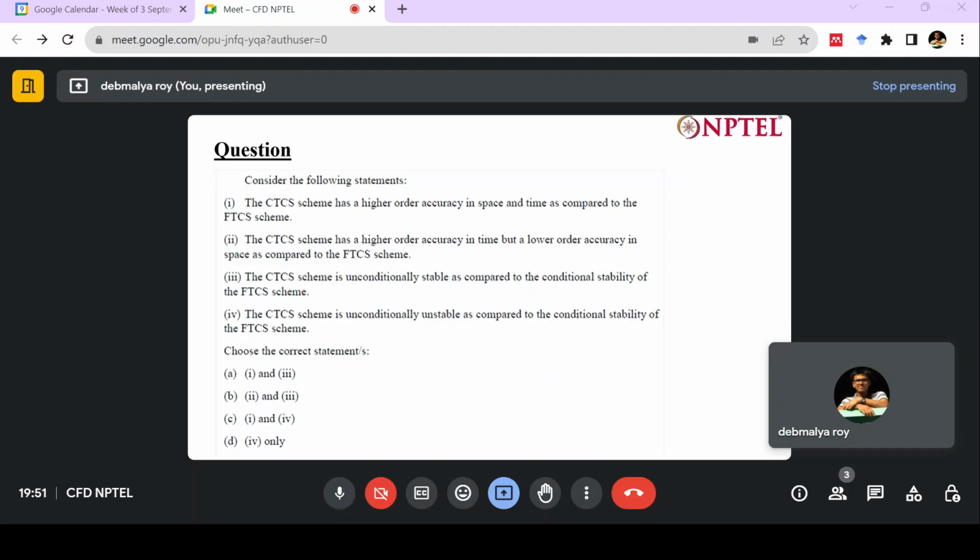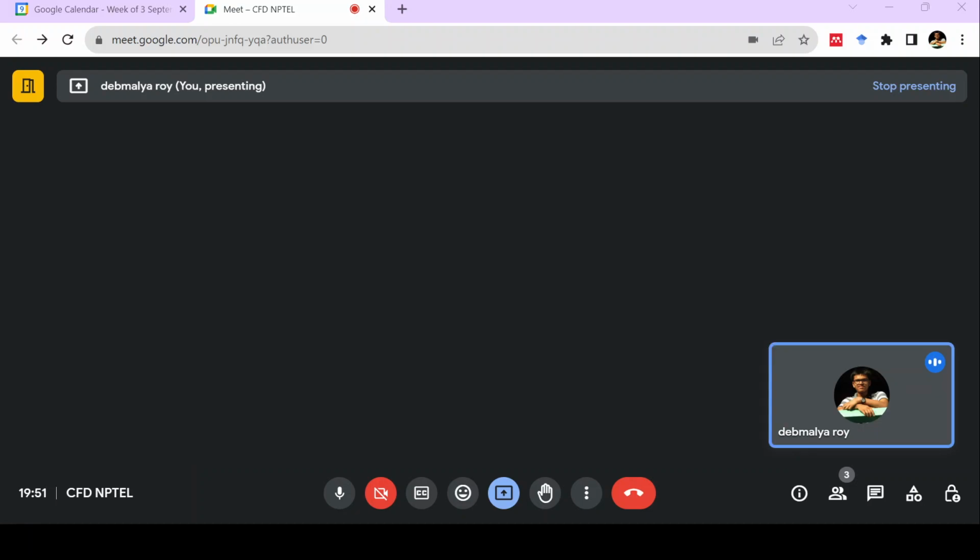So let's start with this particular question. Four statements are given, and we have to judge which statements are true and which are false. The first statement is about the CTCS scheme.